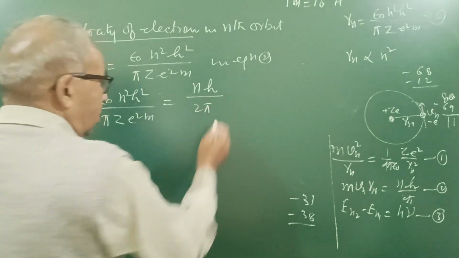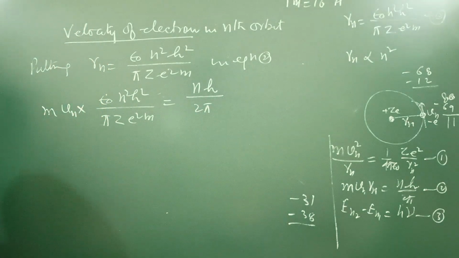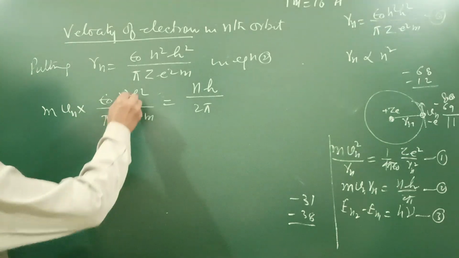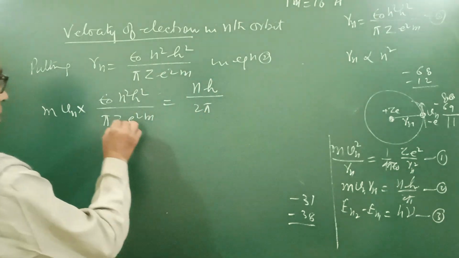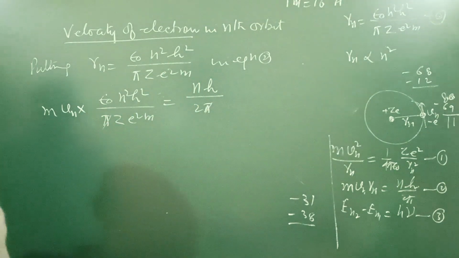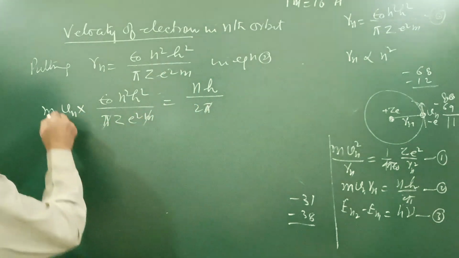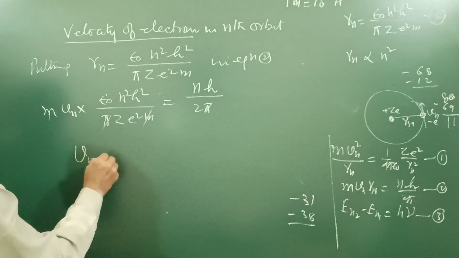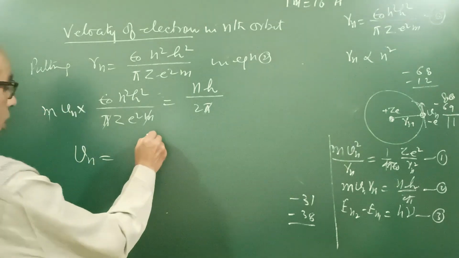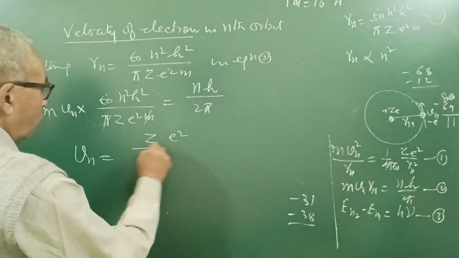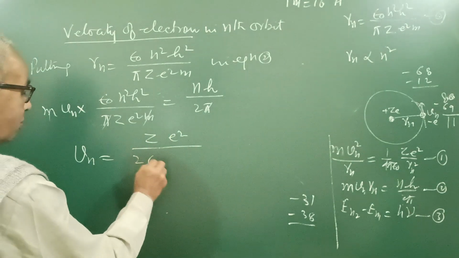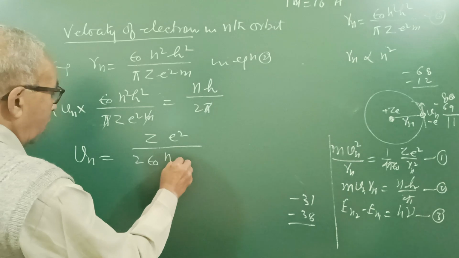But dear friends, you might be thinking where I am living. Actually, nowadays, noise pollution is a great problem. So here, what are you getting? n square, h square cancel हो जाएगा, pi cancel हो जाएगा, n cancel here. So Vn equal to Z e square upon 2 epsilon 0 n h.